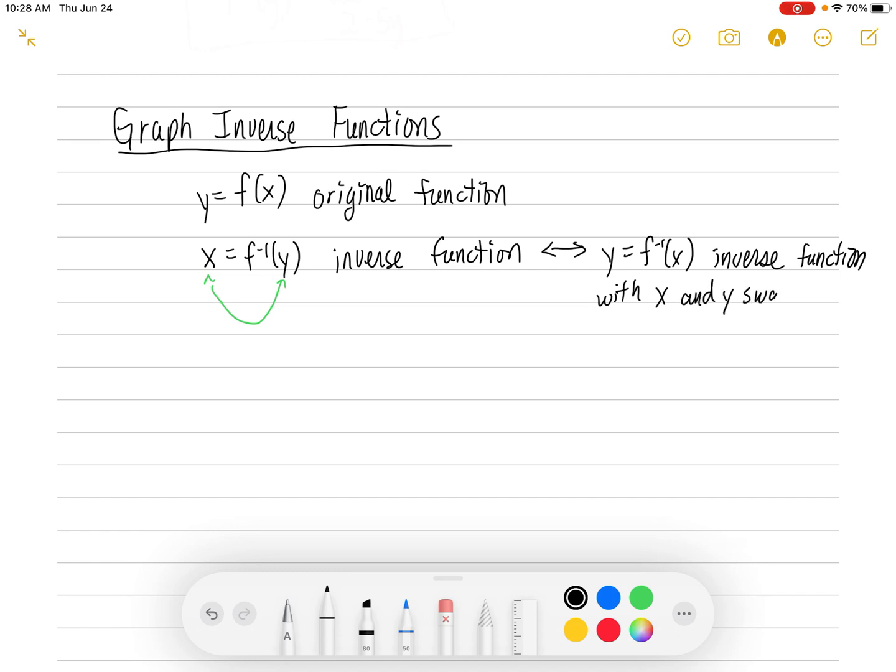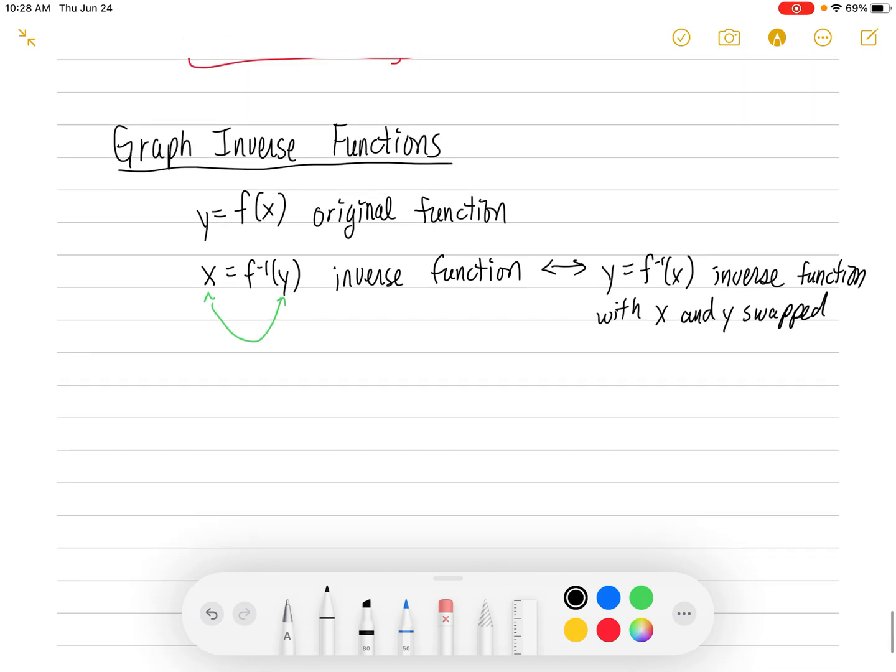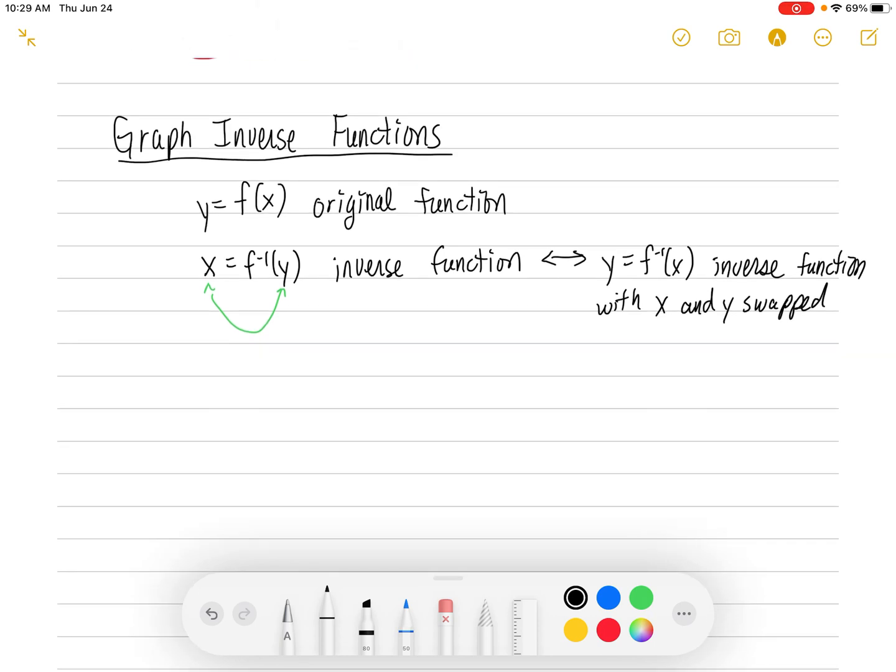So this is an inverse function with the x and y swapped. You have the same basic underlying relationship, except the x and the y are swapped.